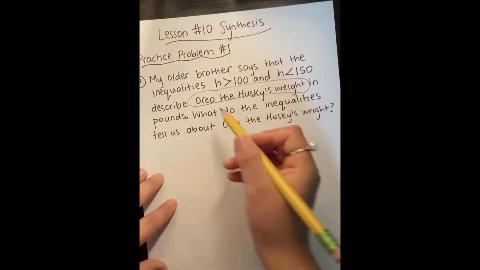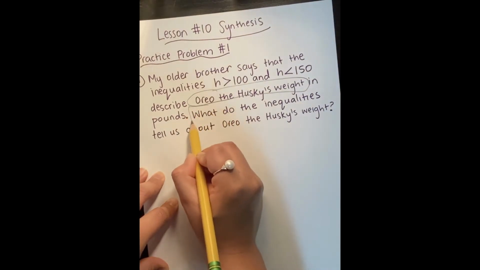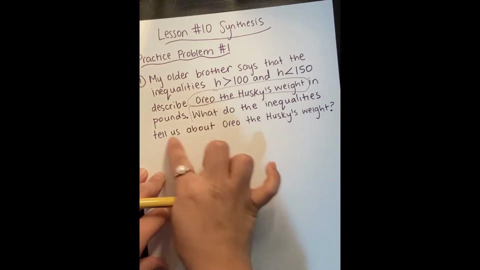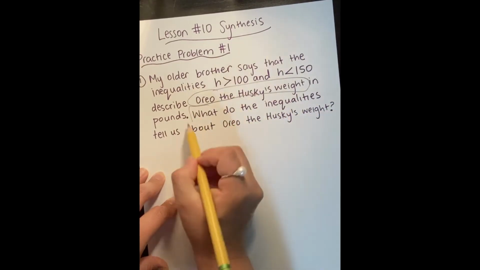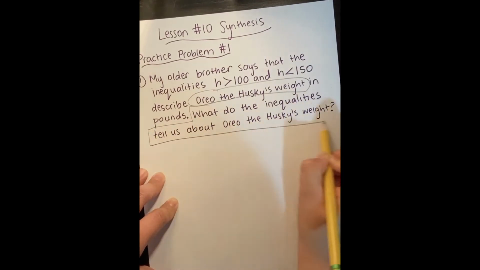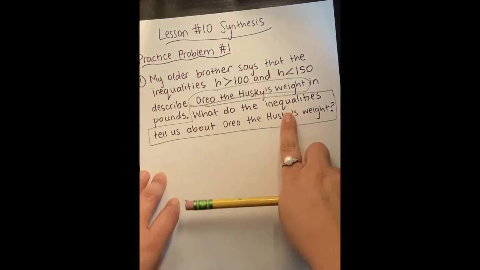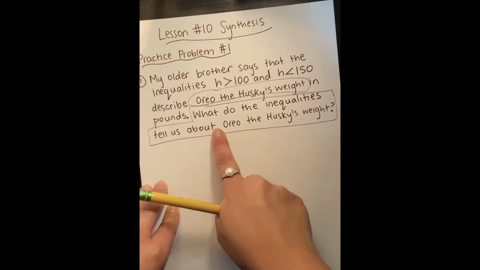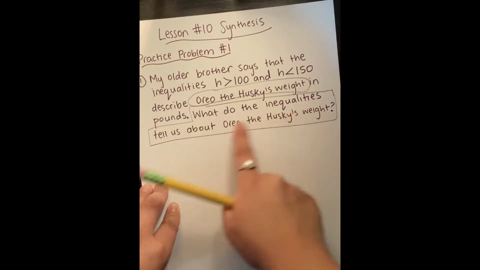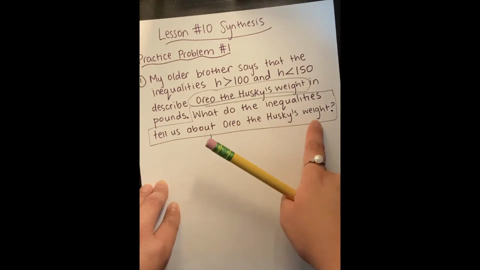And it's asking me, what do the inequalities tell us about Oreo the Husky's weight? So I will annotate that by drawing a box around it to help me remember that I have to answer this question.